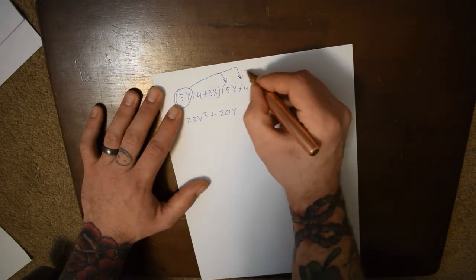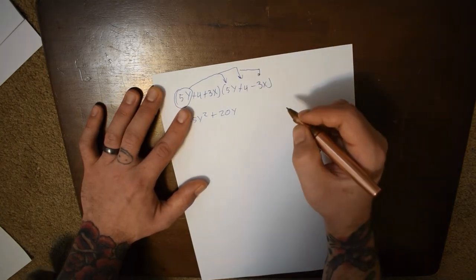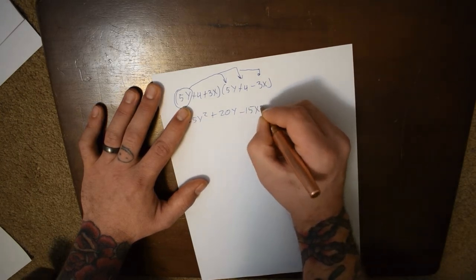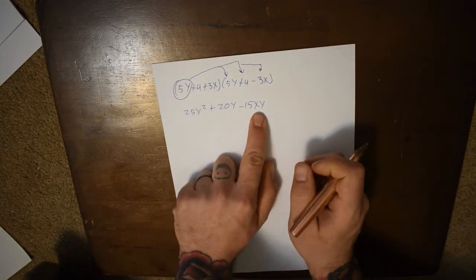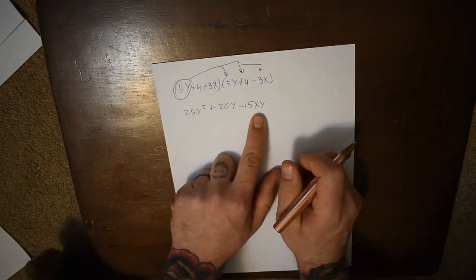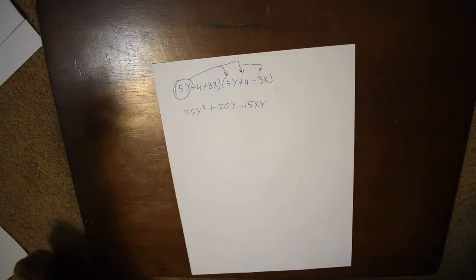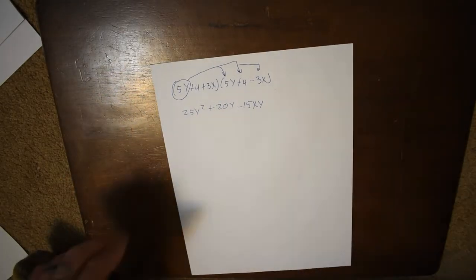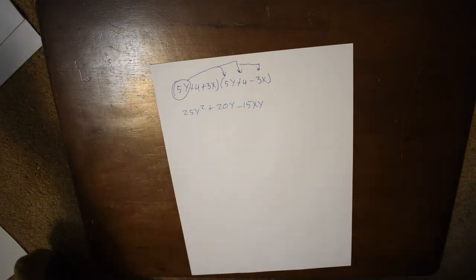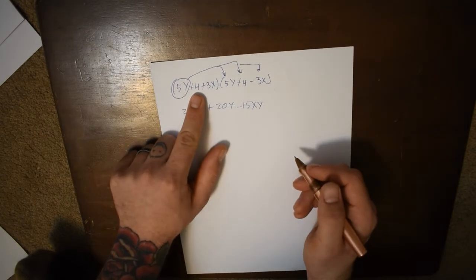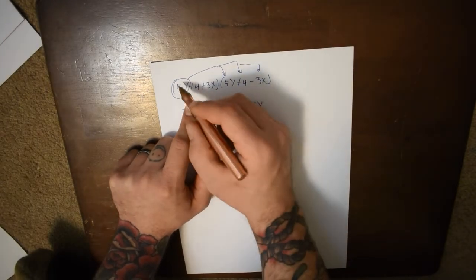And then we'll do 5y times negative 3x to give us a negative 15xy. Doesn't matter the order you write these variables. You could have called it negative 15yx. It's kind of a convention to order your variables x, y, z. It's just a convention though. Doesn't matter. So we have taken care of 5y.